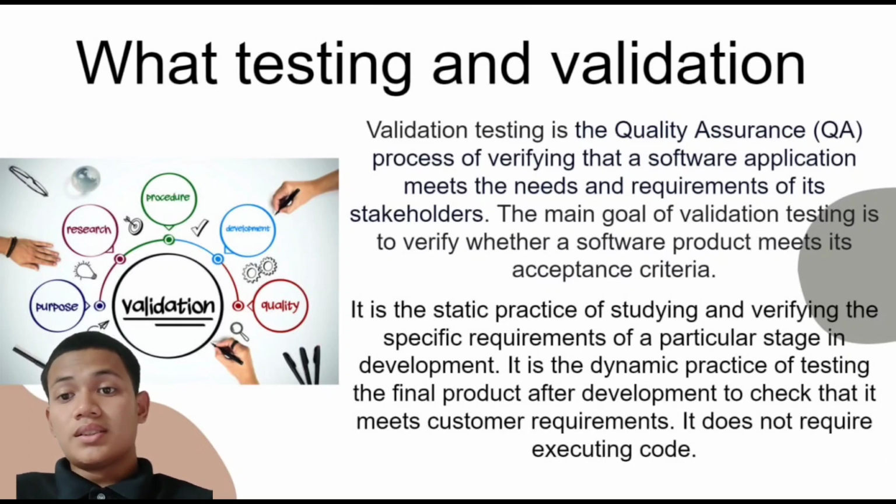It is the static practice of studying and verifying the specific requirements of a particular stage in development. It is the dynamic practice of testing the final product after development to check that it meets customer requirements. It does not require existing code.